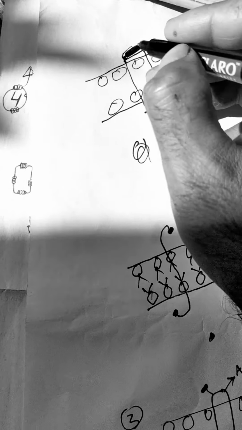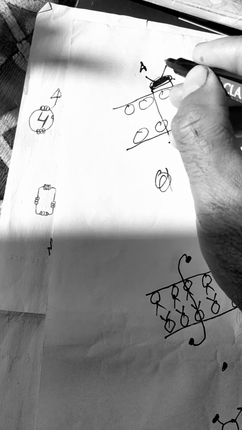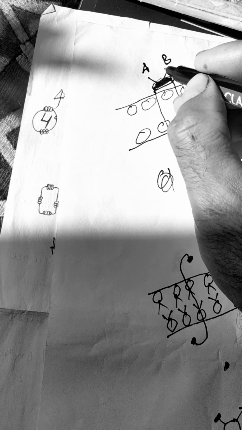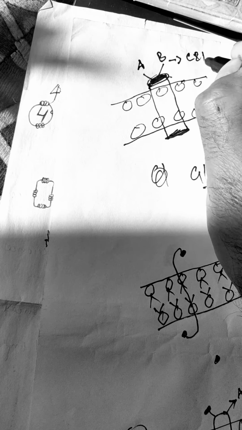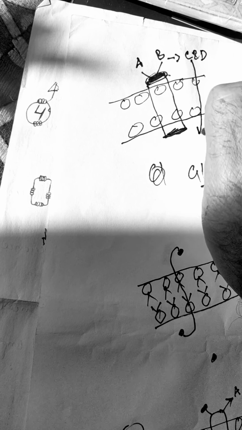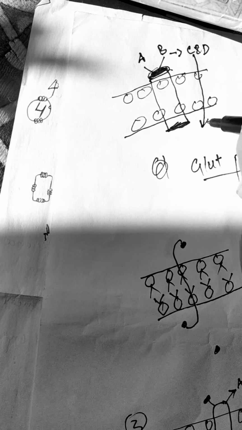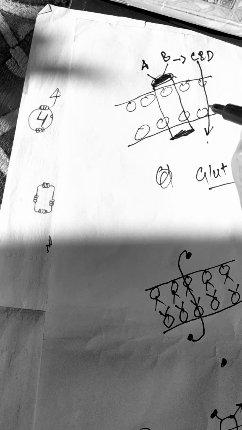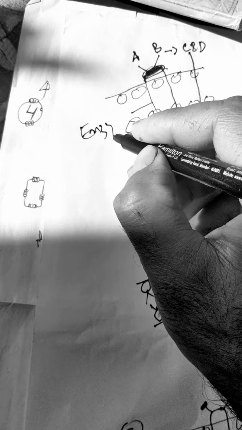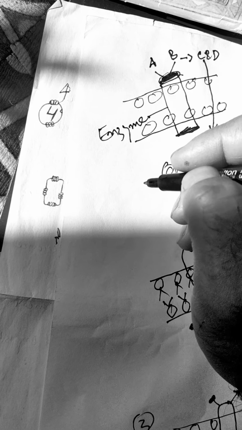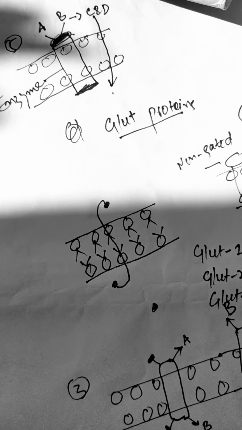When this protein receives molecules, for example, this protein has received molecules A and B, this protein converts these molecules into C and D, and these C and D molecules can easily take entry inside the cell. Okay, so this protein acts as an enzyme. These are enzymatic proteins which are present in the plasma membrane, and this is the fifth way of transportation across the plasma membrane.